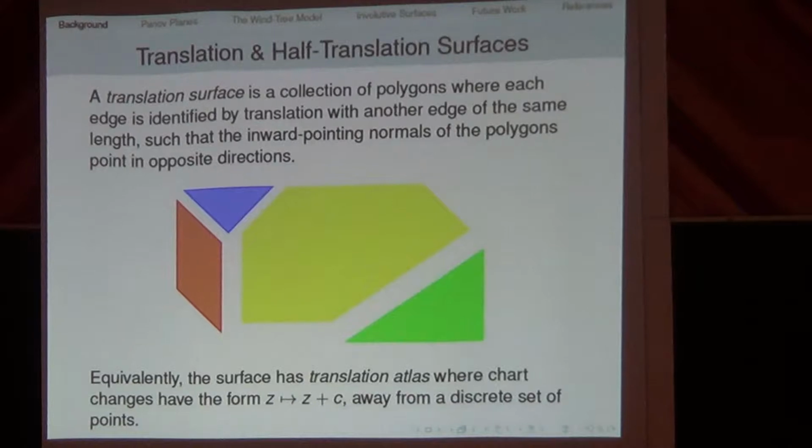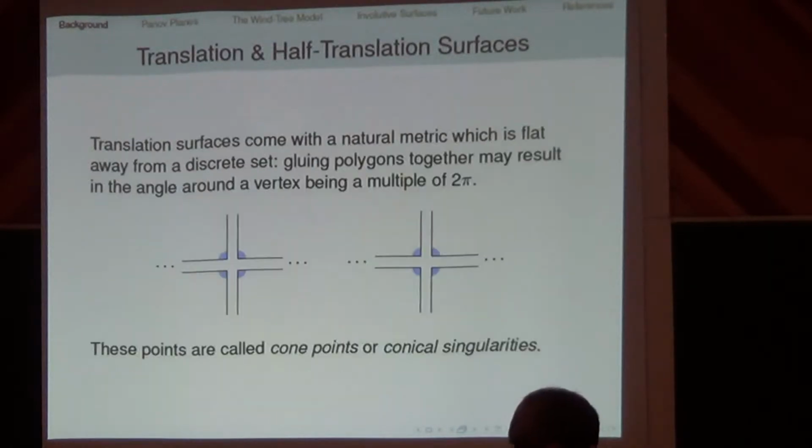At least translations away from a discrete set of special points. This discrete set of special points comes from gluing vertices of these polygons together in such a way that the angle around one of these points after you do the gluings is greater than 2 pi. And in the case of translation surfaces, that cone angle will always be an integer multiple of 2 pi.